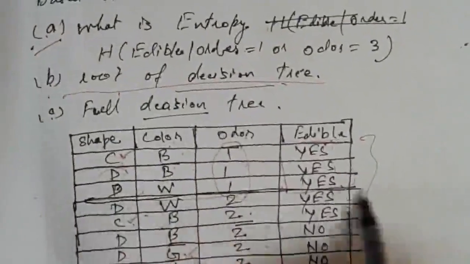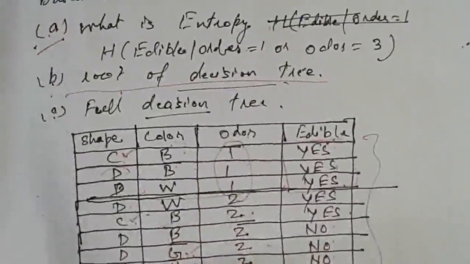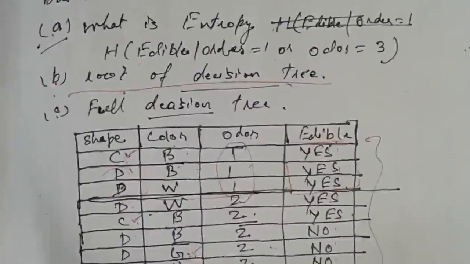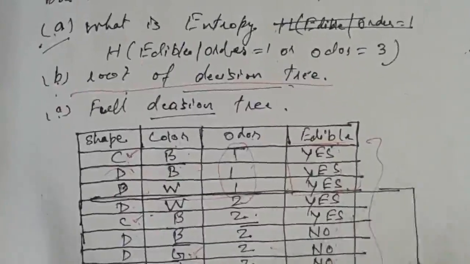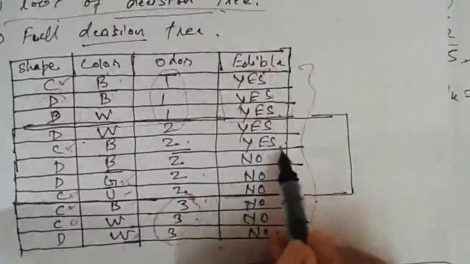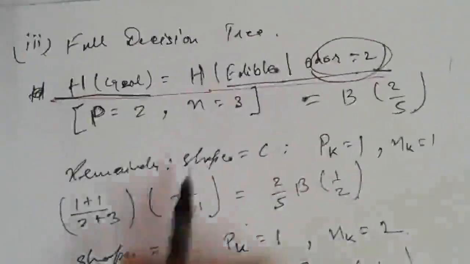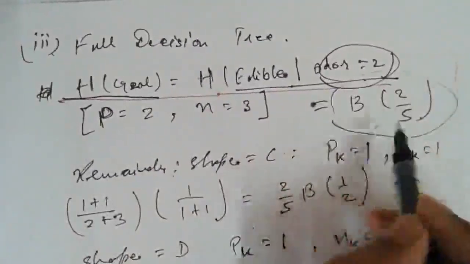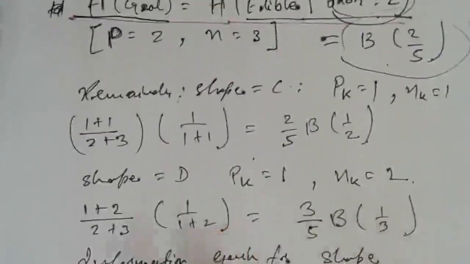Now the decision table is reduced into only this part. So we have 2 yes and 3 no's. So our H goal will be 2 by 3.